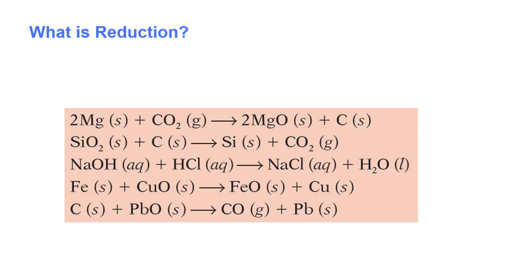Here, copper oxide lost oxygen to produce copper. Similarly, last example, carbon reacts with lead oxide to produce carbon monoxide and lead. Here, lead oxide lost oxygen to form lead.